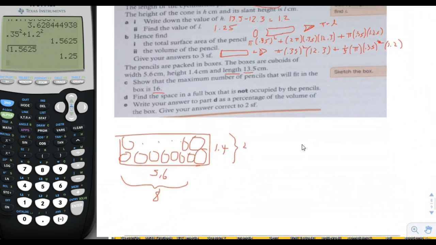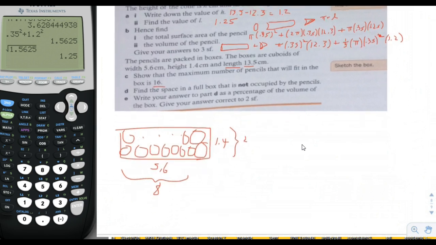Find the space in a full box that is not occupied by the pencils. To find that, you could find the volume of the total box, which would be 1.4 times 5.6 times 13.5.